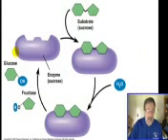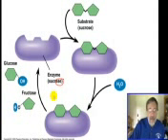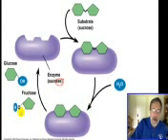In this case, the enzyme is known as sucrase. Most enzymes end with the ending -ase, and this tells us that this enzyme carries out the reaction involved with the sugar sucrose. So we see the formation of sucrose by the enzyme sucrase, or we can also see the breakdown of sucrose into its monosaccharides, glucose and fructose.